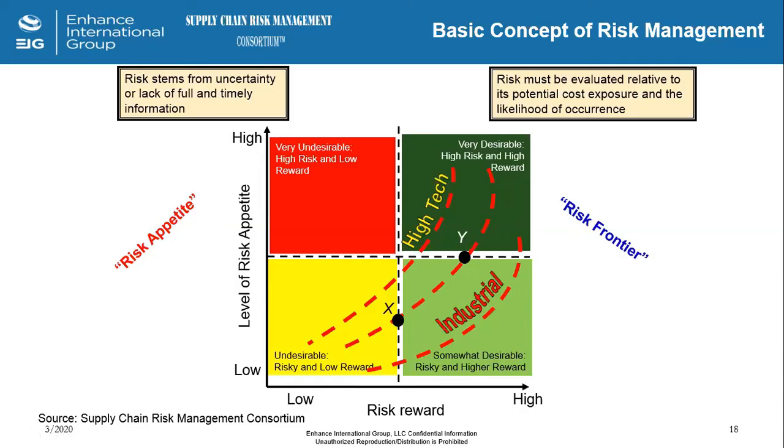Going up on the top left, we have it color coded like a heat map. It could be considered undesirable. Why? Because there's a high risk and a low reward. And then you have folks operating in every one of these quadrants. You might say, well, why do companies operate in different quadrants? Like, why would you be up in the top left?